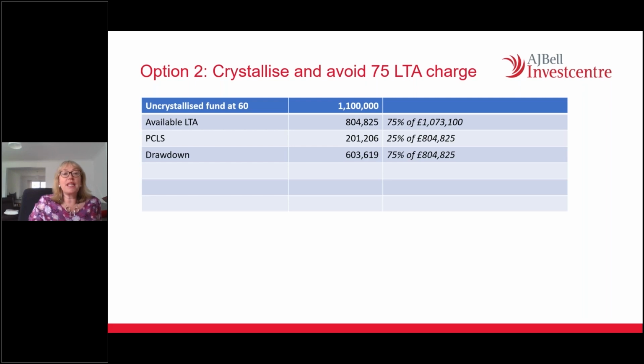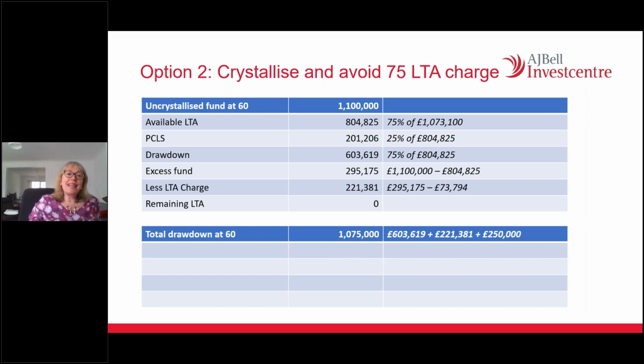And again, it's just taking cash and drawdown from that amount. He has an excess fund of 295,000. We take away a charge, we're left with £221,000 from his excess fund. And he hasn't got any remaining lifetime allowance.